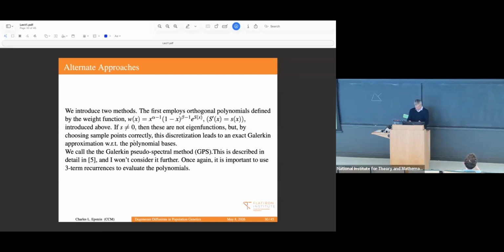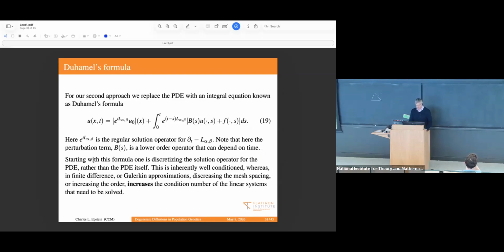And by using this weight and these polynomials, you can actually get an exact Galerkin approximation, but without actually using the weak formulation. So we call this the Galerkin pseudospectral method. It's described in great detail in our paper, and I won't consider it further. I'll just show you an example where it was used. But once again, it's very important to use three-term recurrences to evaluate these polynomials.